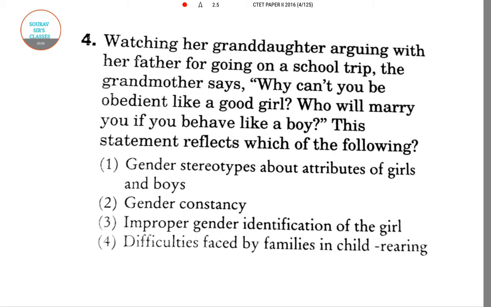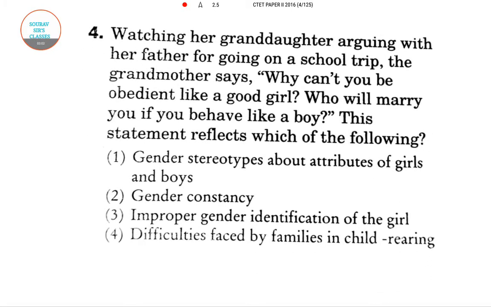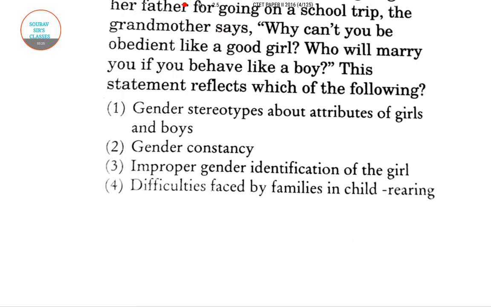Okay, here is our next question. Watching her granddaughter arguing with her father for going on a school trip, the grandmother says, "Why can't you be obedient like a good girl? Who will marry you if you behave like a boy?" This statement reflects which of the following? It's kind of a social issue, and here 4 options are given.